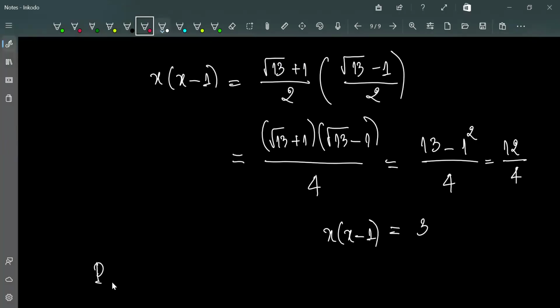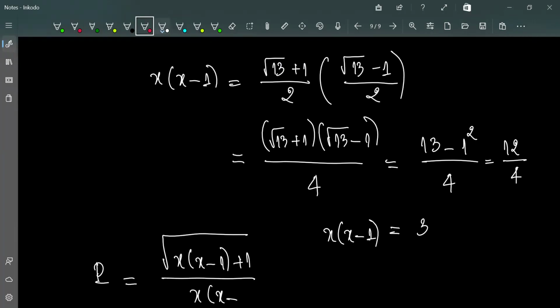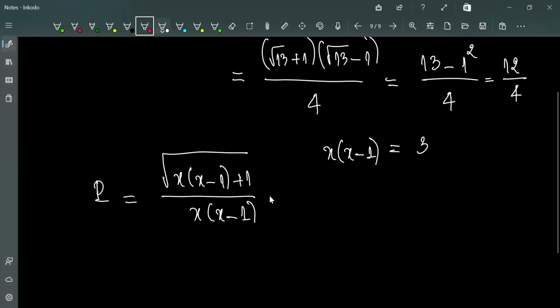But p is equal to square root of x times x minus 1 plus 1 over x times x minus 1. Okay, so we can substitute x times x minus 1 by 3.